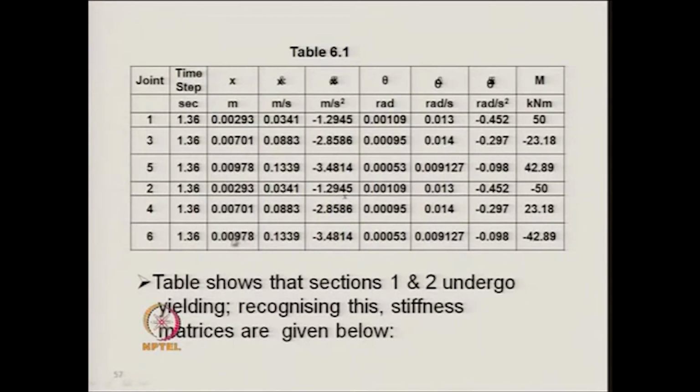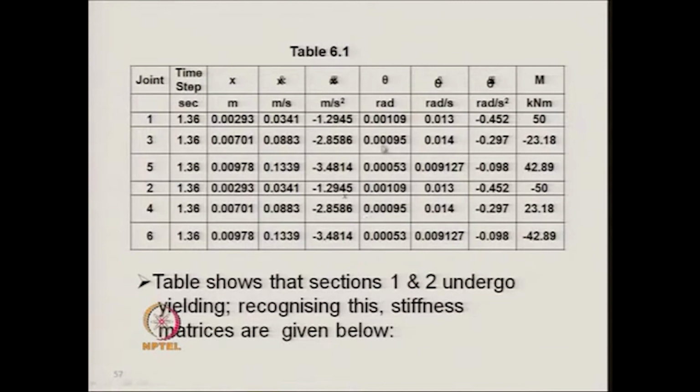Mind you, this is the top displacement, this is the middle story displacement, and this is the bottom story displacement. The velocities corresponding to these sway displacements are recorded over here, and you see again that there is a repetition over here, because on both sides we have the same displacement. Then this is the acceleration which is recorded over here at time 1.36.